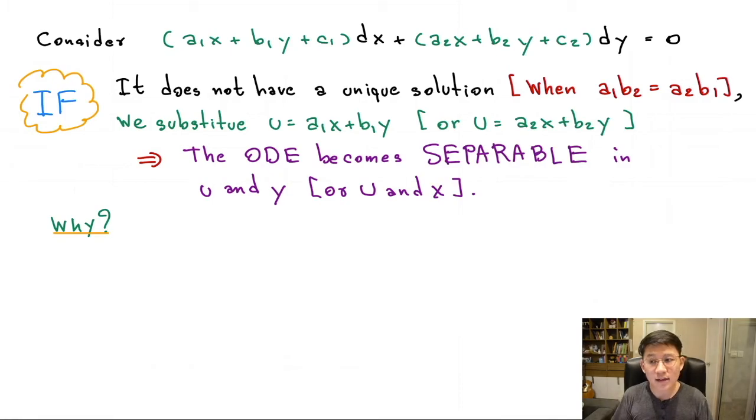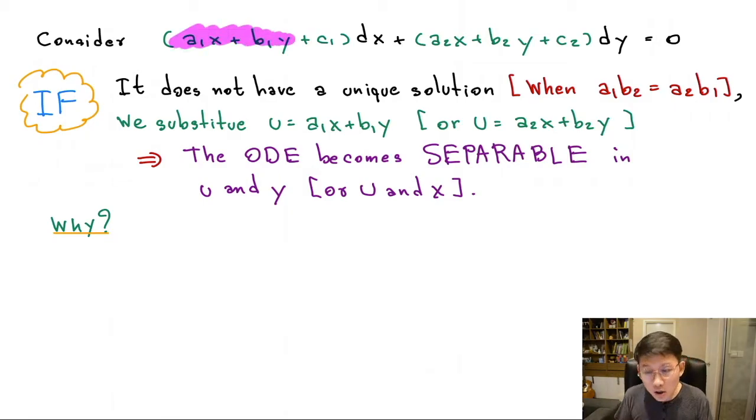So how to check that? You check when a1 b2 equals a2 b1. In that case, you need to do the substitution. Let u be a1x plus b1y. So basically, you let this guy be u.